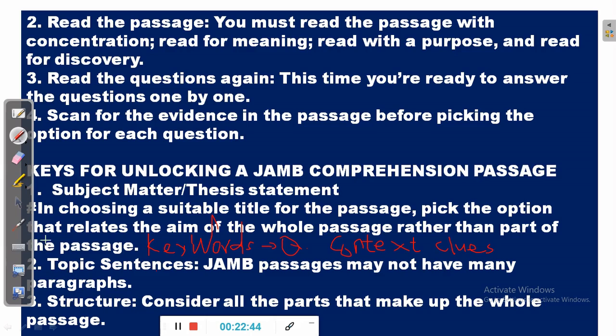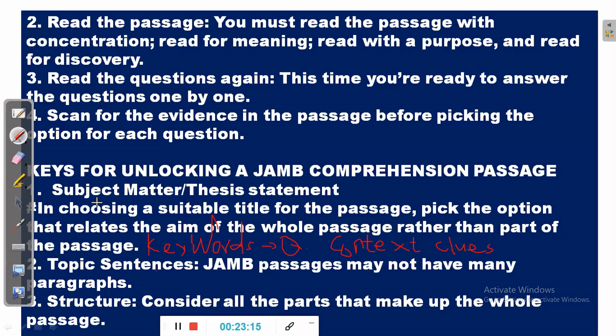For example, some passages have a title, which is even separate from the passage itself. If you have a title, then you consider the title of that passage. If it doesn't have a separate title or headline, of course, you can identify the title within the first paragraph, where the writer introduces the subject matter.